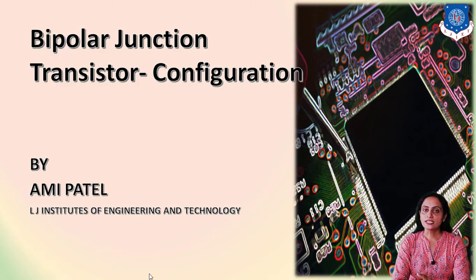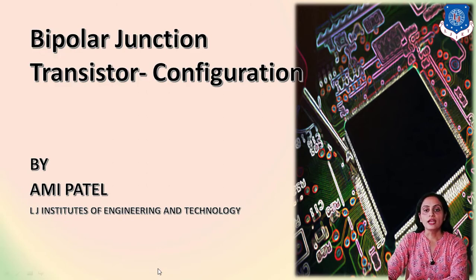We had also seen how the BJT behaves when no external biasing is applied, that means no external DC supply is connected to the transistor, and what the carrier movement is inside the semiconductor material of the BJT when we apply the external DC supply. So all these things we had discussed in the previous video of this chapter.